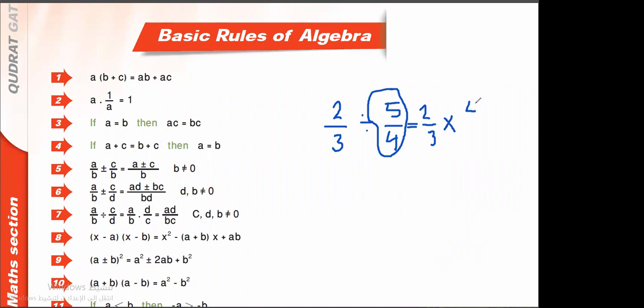You write 4 over 5. So now you multiply directly when you don't have any simplification. 2 times 4 is 8, and 3 times 5 is 15. Is it clear?